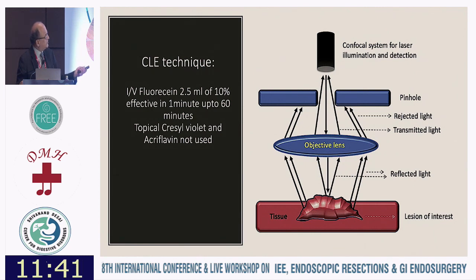So IV fluorescein is used, and when you project the laser onto the lesion, there is a fluorescein scatter which is picked up, and only the central part, the very small area of the lesion, is seen through the pinhole, and this magnifies it anything from 600 times to 1000 times.